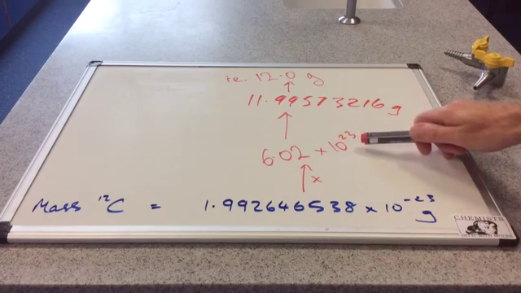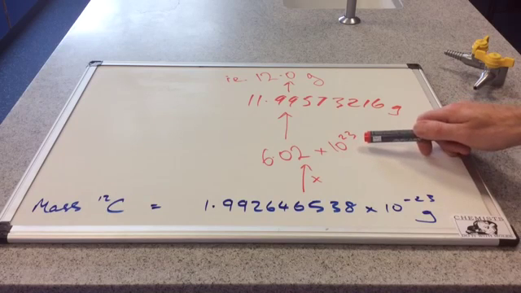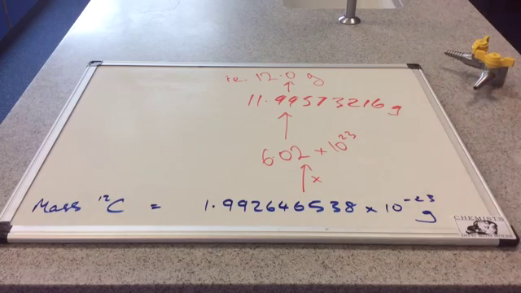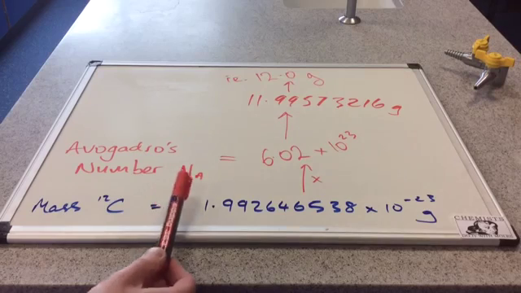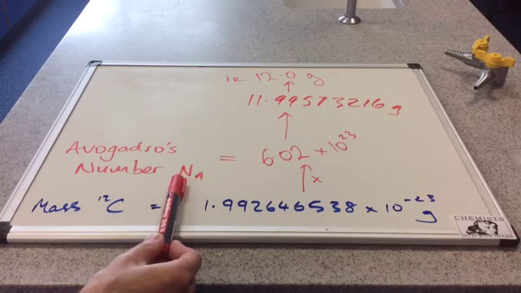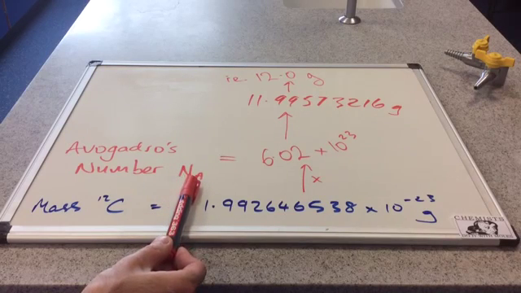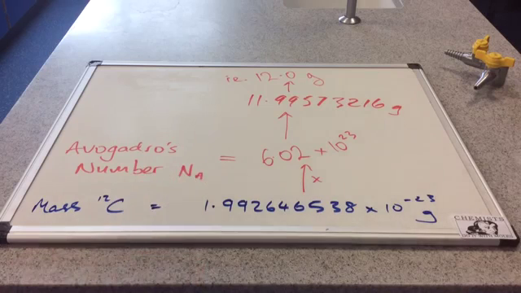So this is a pretty special number, and it was named after a pretty special scientist called Avogadro. So this is called Avogadro's number. Sometimes it's given the abbreviation capital N and then a subscript capital A. Avogadro's number. Not avocado's number that I sometimes see when I'm marking students' work, although it does make me laugh.